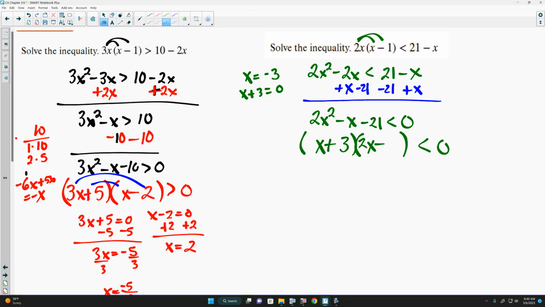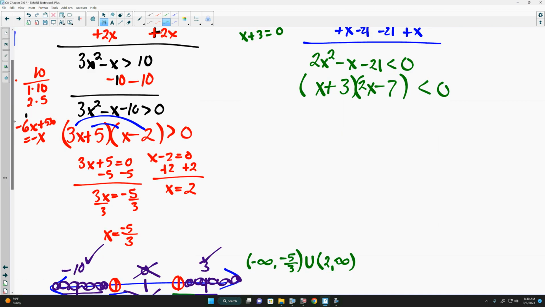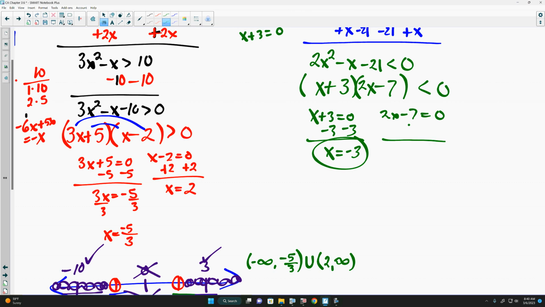That means the 2 has to go over with the negative. What are the factors of 21? Or one of the factors is 3. 3 and 7. X plus 3 is 0. 2x minus 7 is 0. Here, x is -3. Surprise, surprise. Not really. We knew that was going to happen.